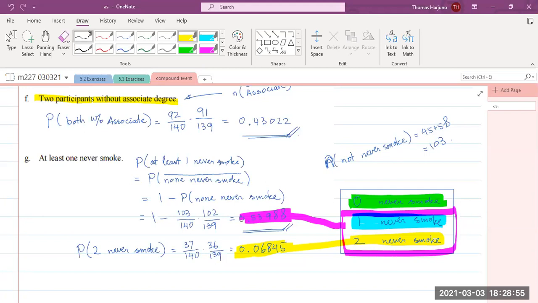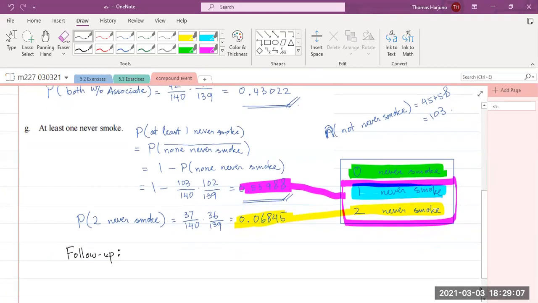Okay, so what is the probability? This is a follow-up question. If you dare enough to think about this, you can understand this. Of course, you need to think a bit more, a bit harder, but you can do it. Then how do we compute the probability that exactly one of these two never smoke?